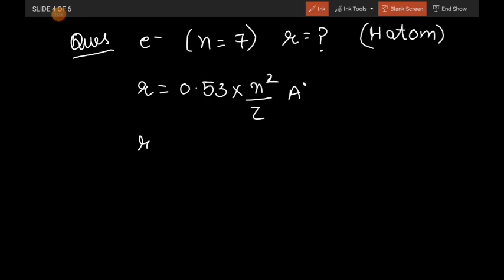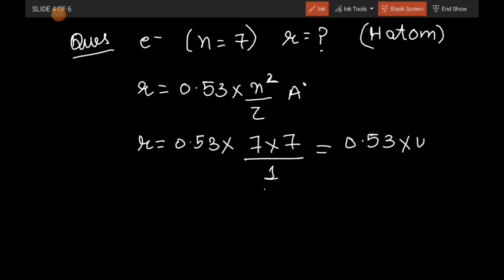Radius equals 0.53 multiplied by 7 multiplied by 7, because it is squared, upon z. For the hydrogen atom, z value is 1. So when we calculate it, it is 0.53 multiplied by 49. So the radius of the hydrogen atom is 0.53 multiplied by 49, which gives us 25.97 angstrom, which we can write as 25.97 into 10 to the power minus 10 angstrom.